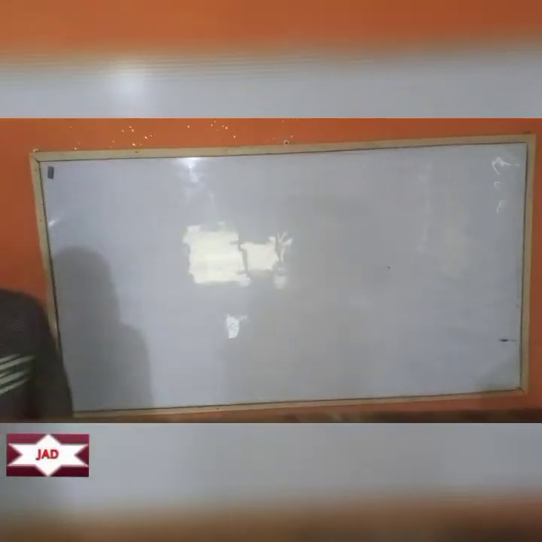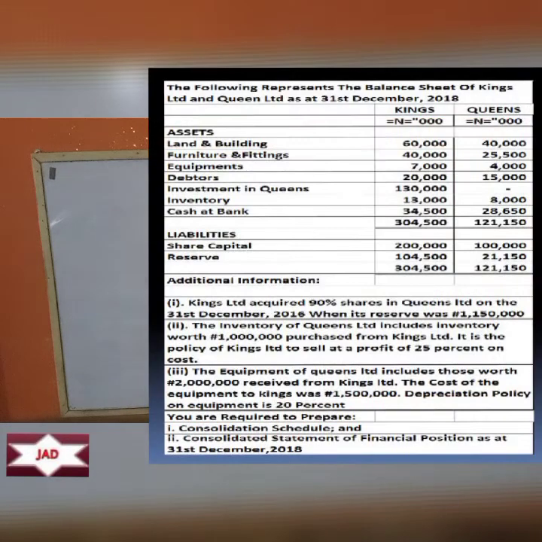So what do we have there? We have the statement of financial position of Kings and Queens Limited as at 2018. So we have the assets: land and building, furniture and fittings, equipment, debtors, investment in Queens, inventory. We have cash at bank. Then we have liabilities: share capital and reserve.